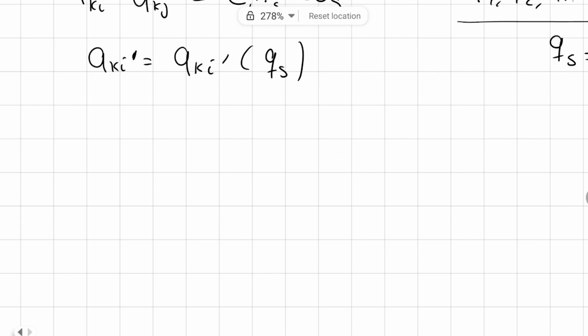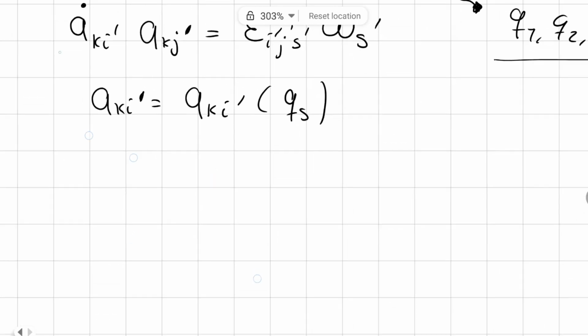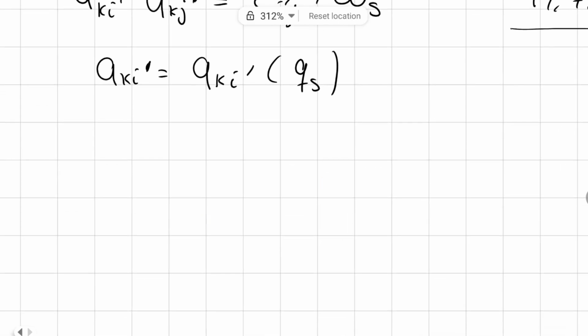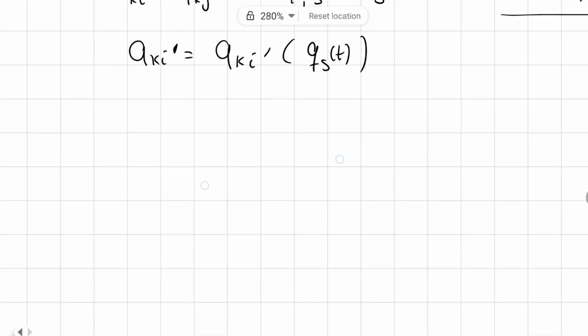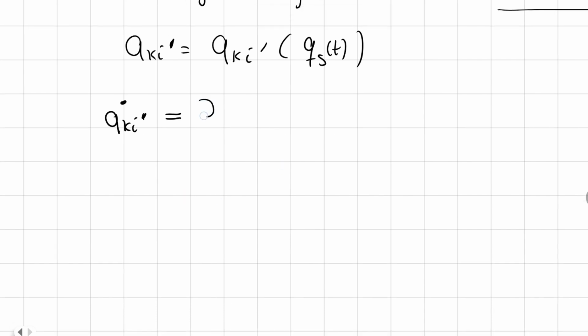Okay, so that means that if we want to calculate this a dot, which is the derivative of a with respect to time, we need to use the chain rule, noting that the q's are variables of time. So, for example, a_ki prime dot is going to be equal to the derivative of this with respect to the q, and then the derivative of the q with respect to time. That gives us the partial of a_ki prime with respect to q_r, times q_r dot.